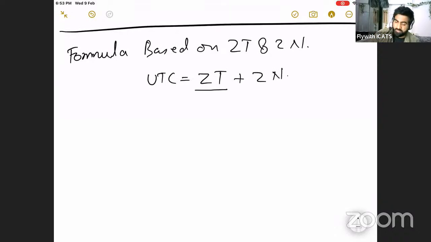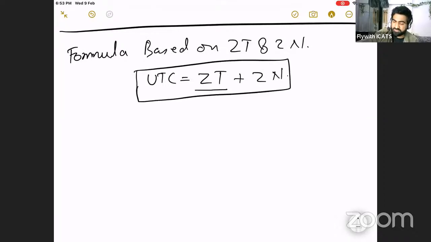You can write this one formula, UTC is equal to zone time plus zone number. Then you can write down this formula for how to find the zone number, in case you don't know it because only a meridian is given to you. You don't have to do all those calculations of 15 plus 15 plus 15 plus 15. There's a simple way to find your zone number. You can find it from whatever your meridian value is, that is your longitude. Students, meridians and longitudes are synonyms of each other.